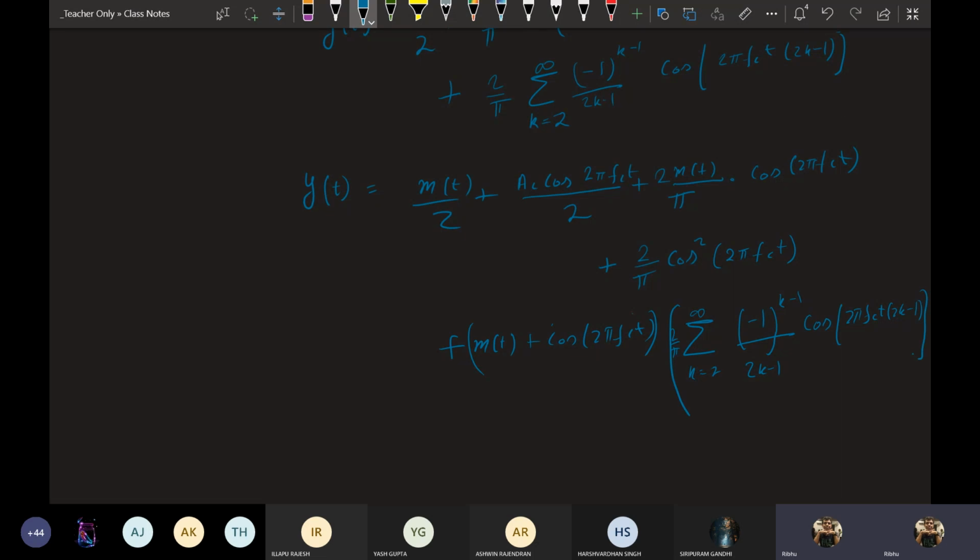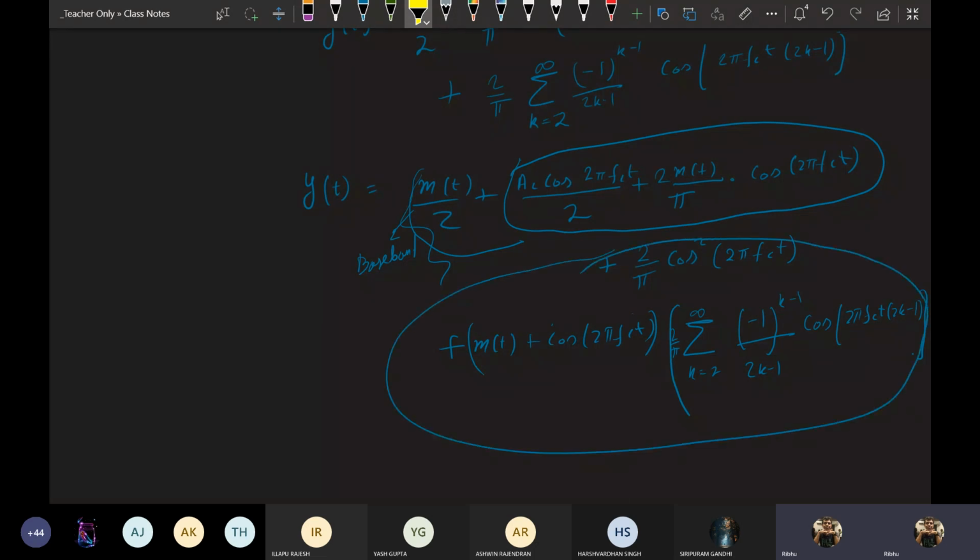So now we only want these terms, right? This is the baseband signal. We don't want this, and all of these have frequencies higher than what we want.